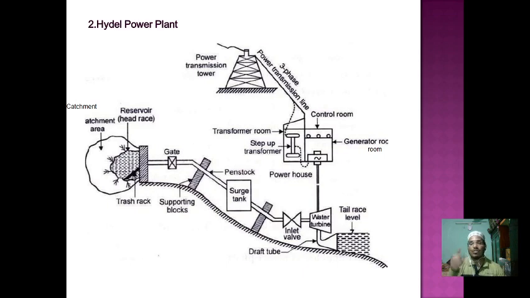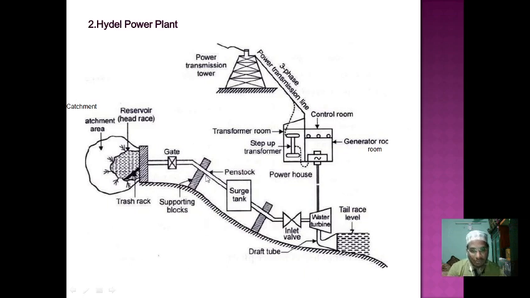There is a control room with a transformer, and we set up the layout, deciding how much energy to generate from the generator and then produce the power transmission. These are the structure of the hydel power plant.